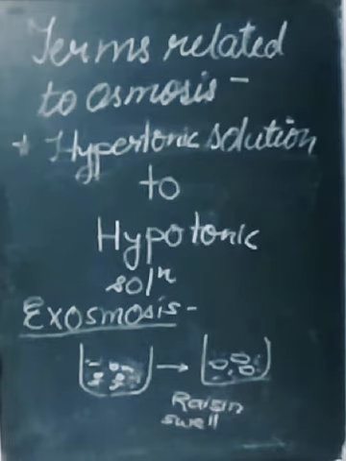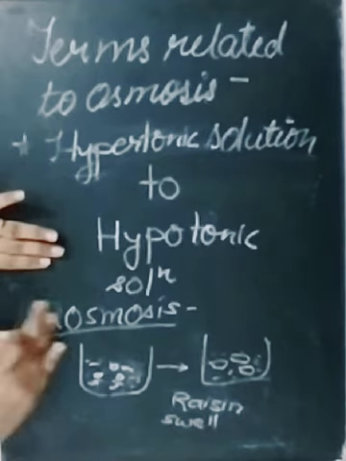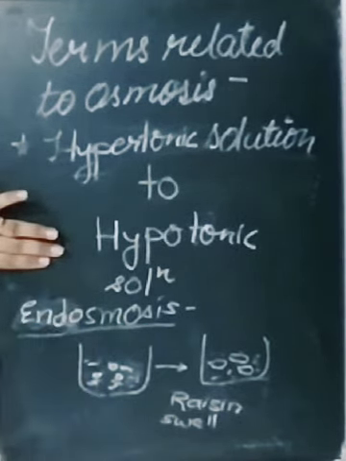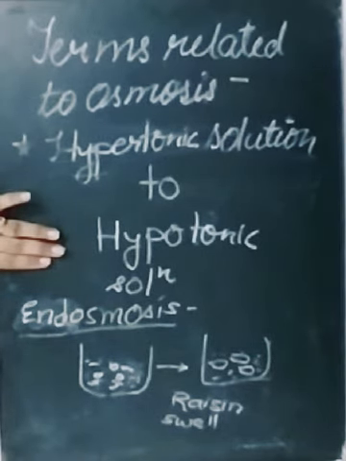When we find that movement of the solvent particles takes place inside the cell, or from solution side, that means inside the cell, that is towards the hypertonic solution or solution side, that's known as endoosmosis.